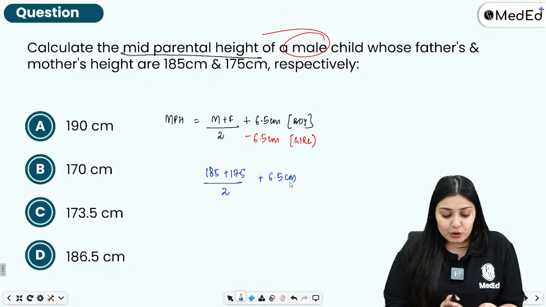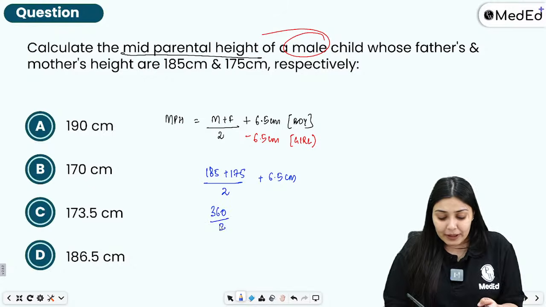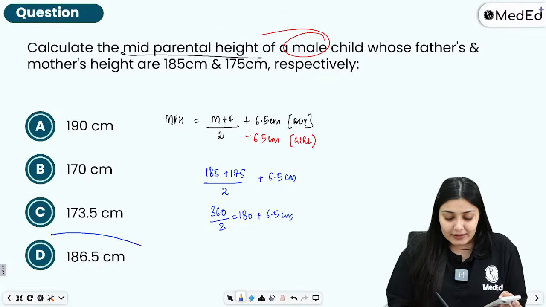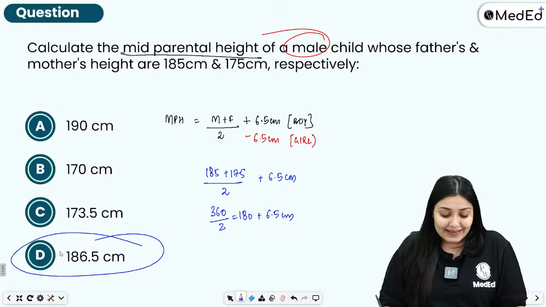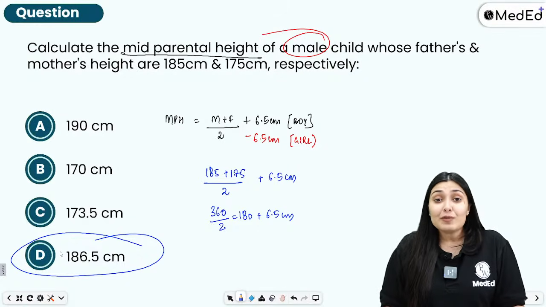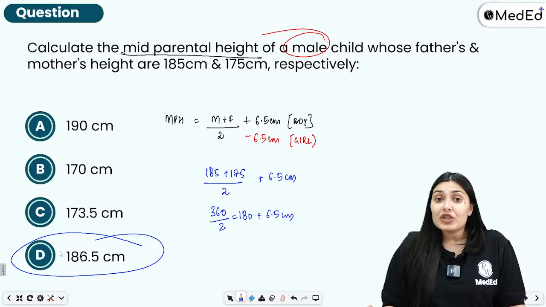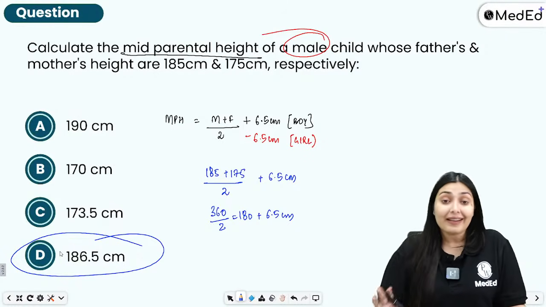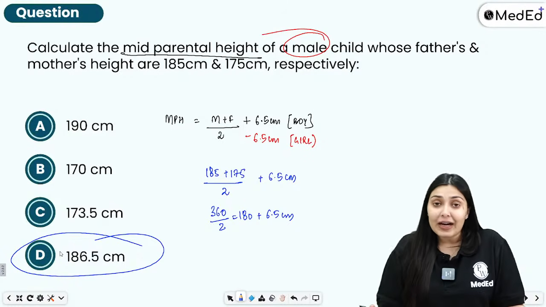So what would be the answer over here? 185 plus 175 is 360, divided by 2, that is 180. 180 plus 6.5 centimeter, so the answer here would be 186.5 centimeter. Right? So this is about the mid-parental height calculation. This is going to give us the target height of that individual.